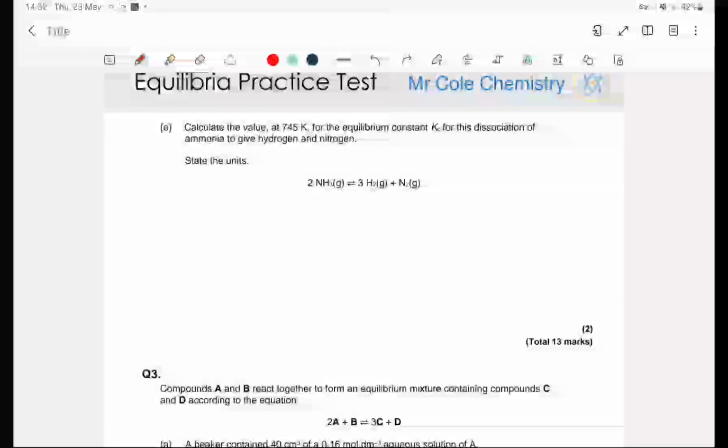What this means is that the Kc expressions for the forwards reaction and the backwards reaction are in fact just the inverse of each other. So we know the Kc value for the other direction. It's 0.118. So this will be 1 divided by 0.118, which gives you 8.47.